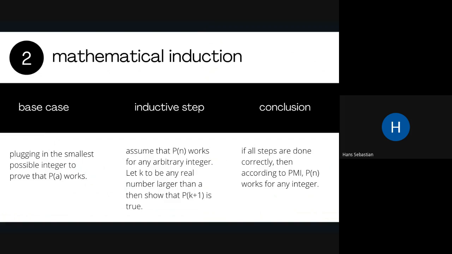It's done by plugging the smallest possible integer into the equation. The next step is the induction hypothesis. That process assumes that if it works for n, then it should work for k plus 1, where k is an arbitrary integer. To prove that, we plug in n equals k plus 1. And if all of that works, then we can conclude by the principle of mathematical induction that P of n is true for any integer.